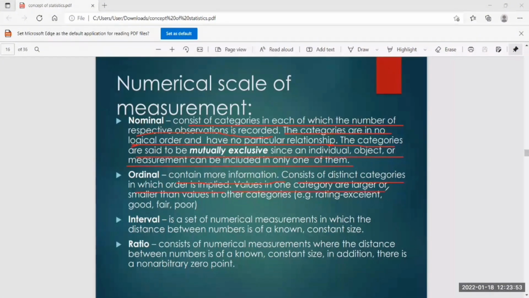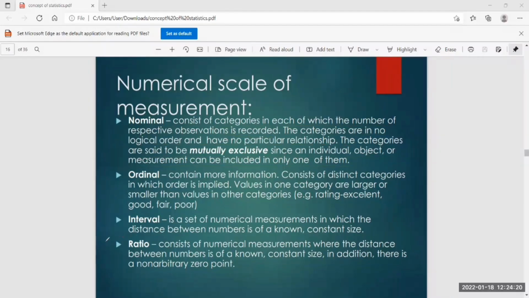Values in one category are larger or smaller than values in other categories. While the interval is a set of numerical measurements in which the distance between numbers is of a known constant size, and the ratio consists of numerical measurements where the distance between numbers is of a known and constant size, in addition, there is a non-arbitrary 0 point.